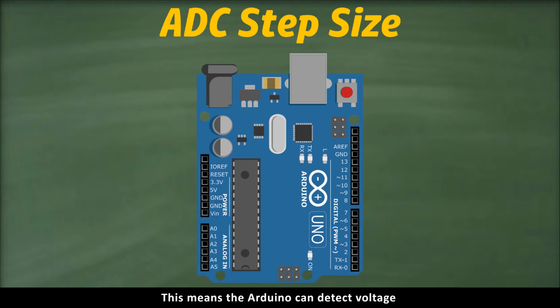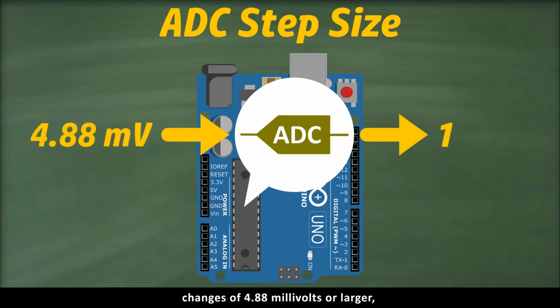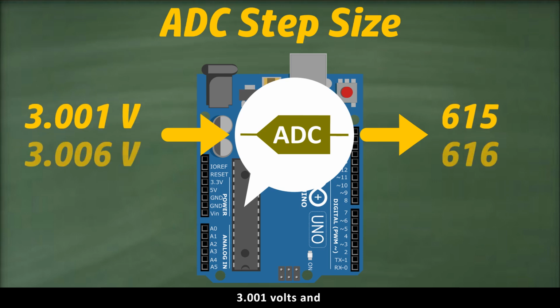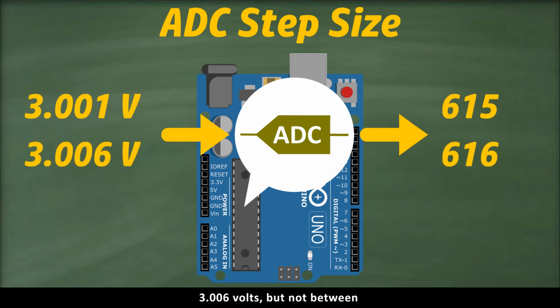This means the Arduino can detect voltage changes of 4.88 millivolts or larger, but anything smaller will not register. For instance, it can distinguish between 3.001 volts and 3.006 volts, but not between 3.001 volts and 3.003 volts, since both fall within the same digital step.